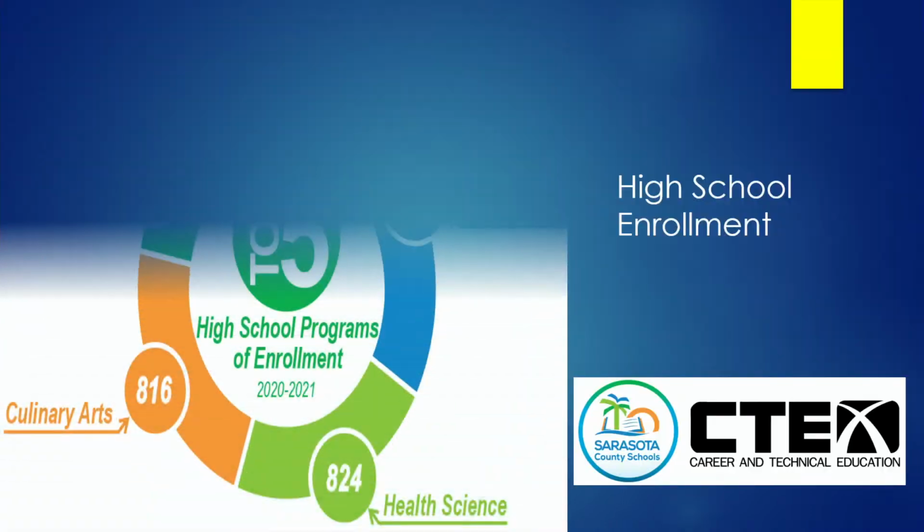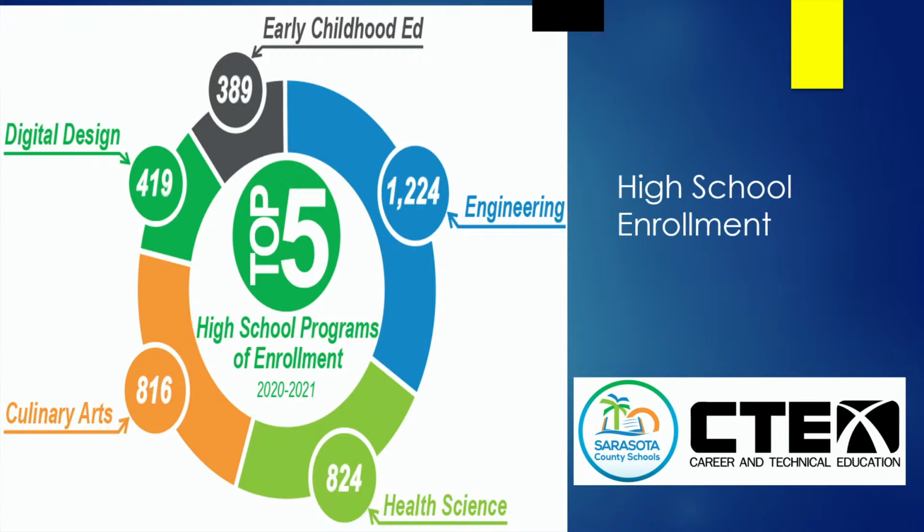Just to give you an idea, we currently have around 5,100 high school students registered for career technical programs out of the 10,000 students or so that are in high schools. These are the highlights of the top 5 high school enrollments. You'll see sometimes the enrollments are based on the programs that are being offered at the high schools, so they're limited in terms of the number of students.